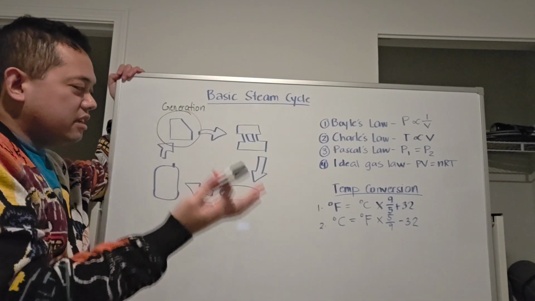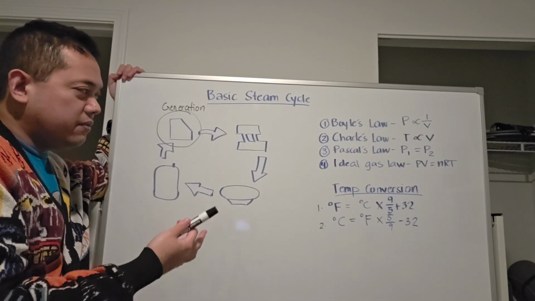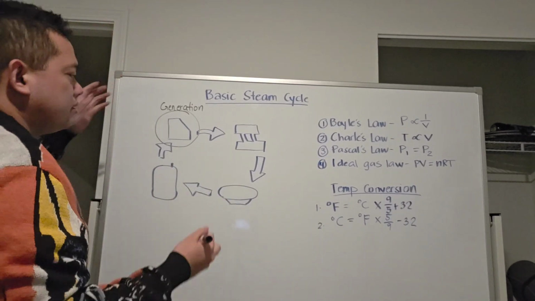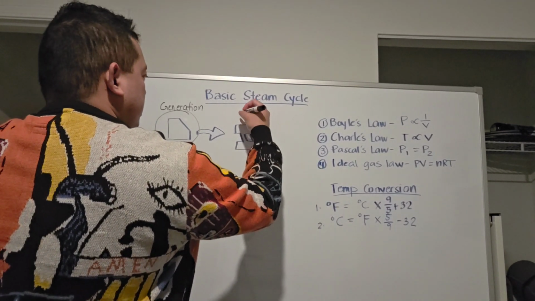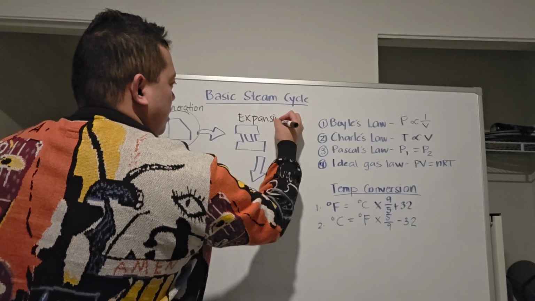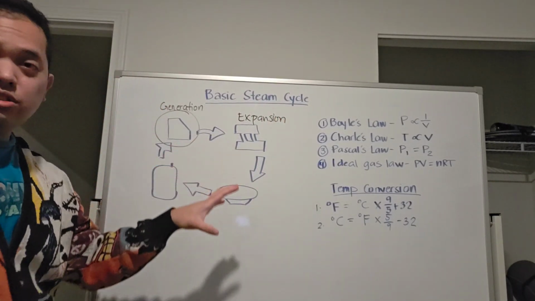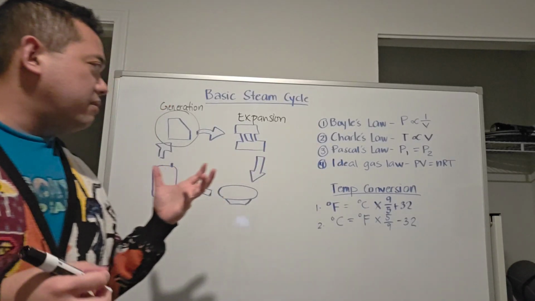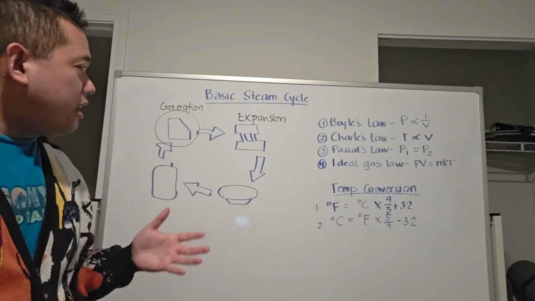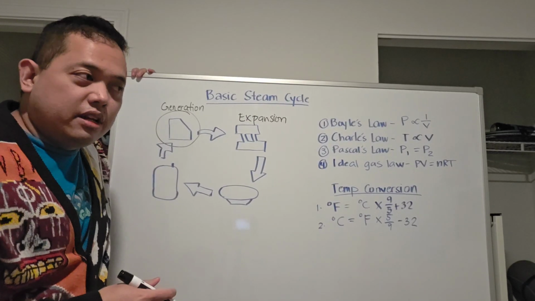So it creates the steam, and it goes over here to the expansion phase, which goes to the engines. So the engines or machines are the ones using up the steam power. Again, I don't want to go into detail in this video.